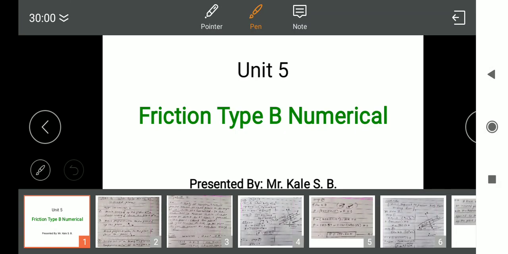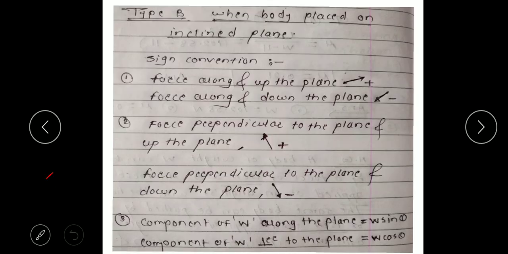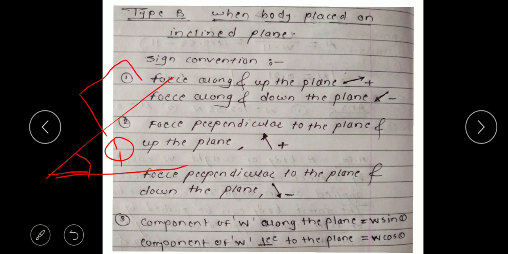So here we will consider the inclined plane, which is making the theta angle with the horizontal. Now the first point, force along and up the plane. Consider again one mass on this inclined plane, and if the force is along, that means parallel to the inclined plane, and which force?